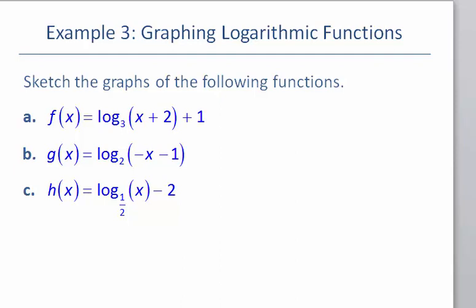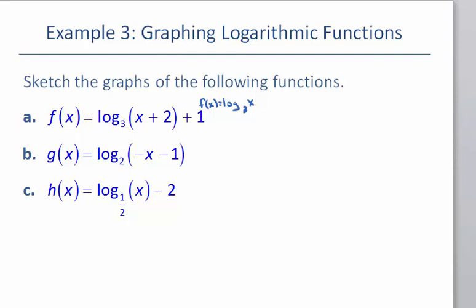Now we know that it's going to be based on the graph of log base 3 of x, which we just drew. But how's it going to be changed? The fact that we replace the x with an x plus 2, remember that causes a left-right shift.